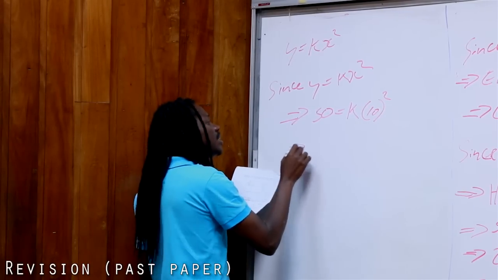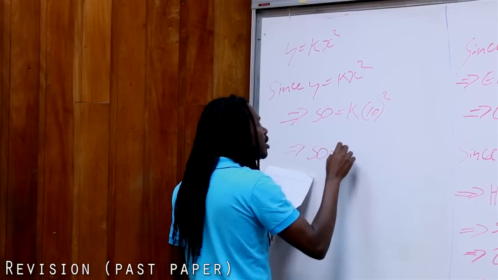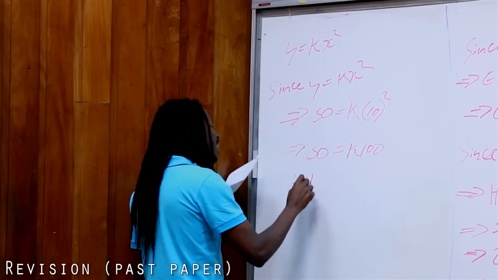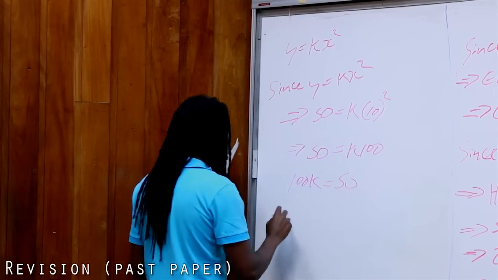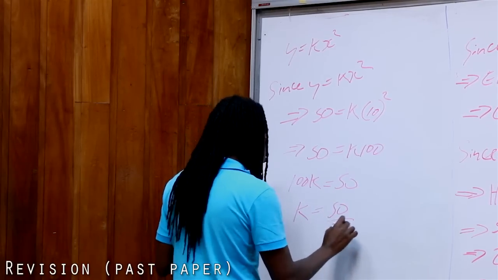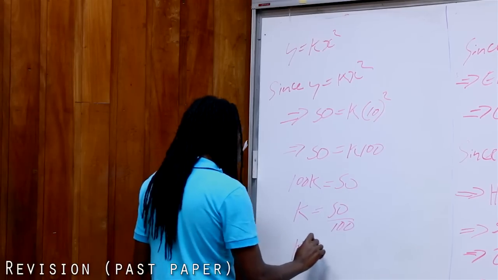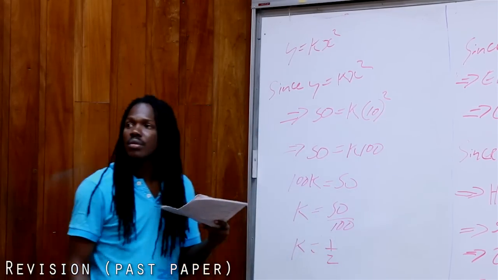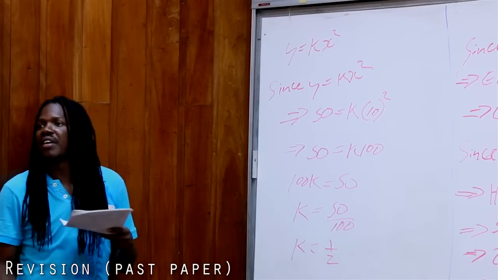This implies that 50 equal to k times 100. 100k equal to 50. k equal to 50 over 100. k equal to a half, or 0.5.